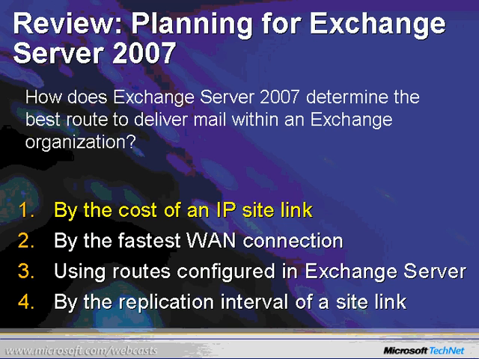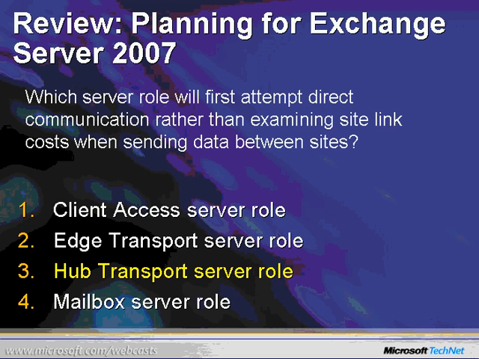If I go to the next slide, if you look at how Exchange 2007 does the routing, and that's what I'm going to dig into a little bit more in this session, it takes advantage of your AD site topology. So as you define the cost for an IP site link between different AD sites, Exchange does take a look at that cost when it calculates the lowest cost link.